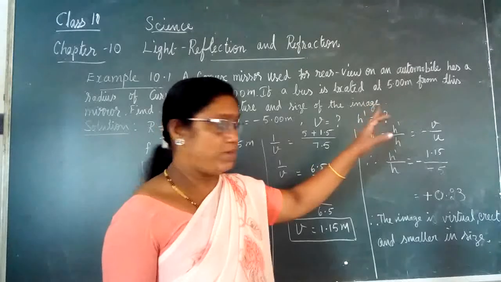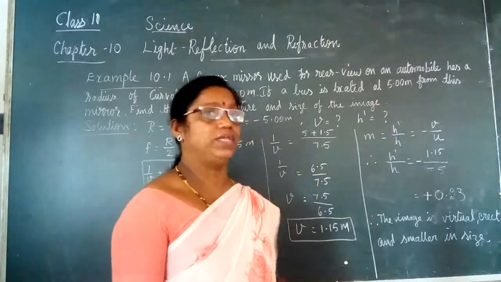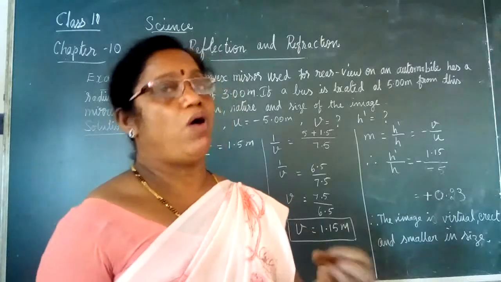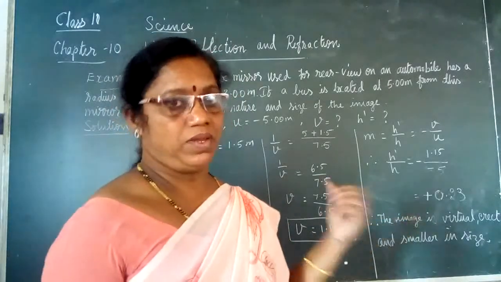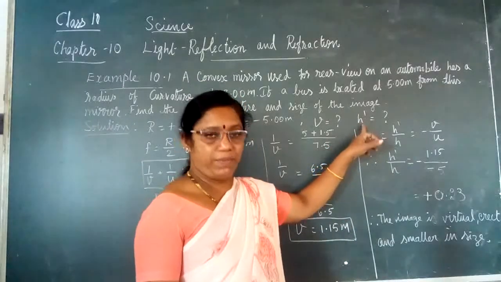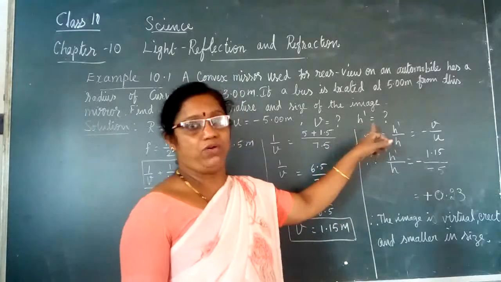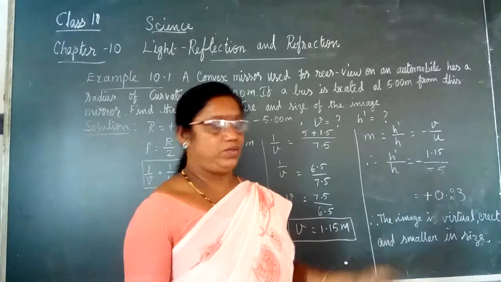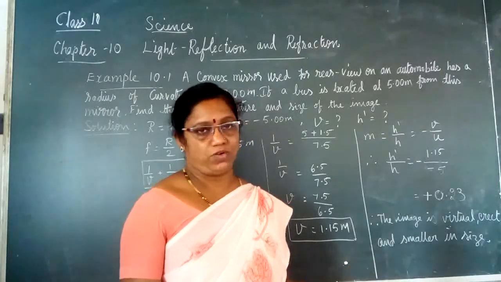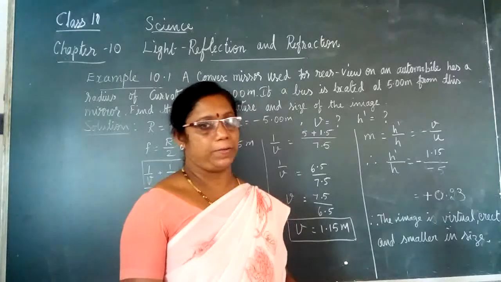From magnification we can make out whether the image is smaller than or bigger than the object. Here h dash represents the height of the image. So if we know h dash, we can say what the nature of the image formed is.